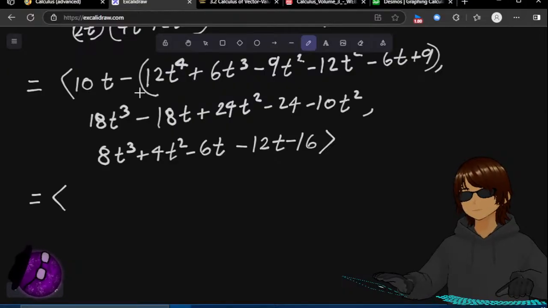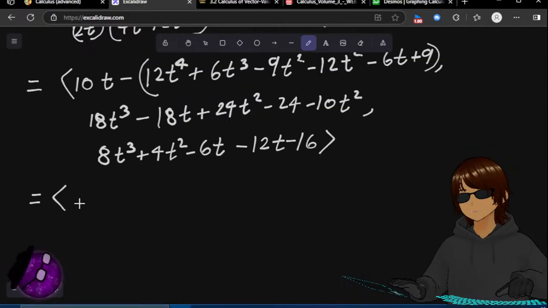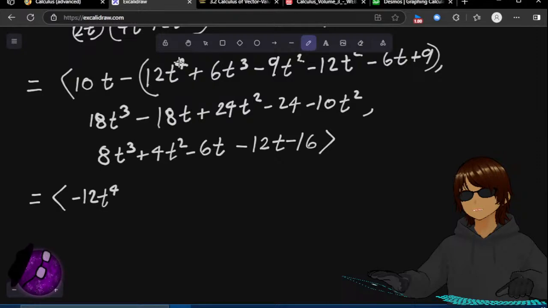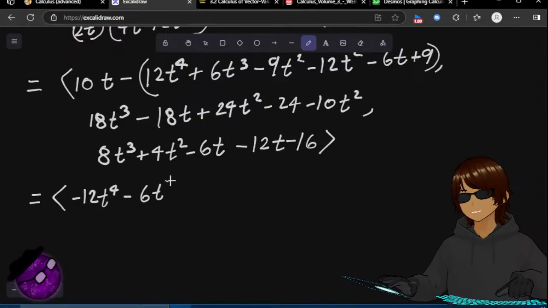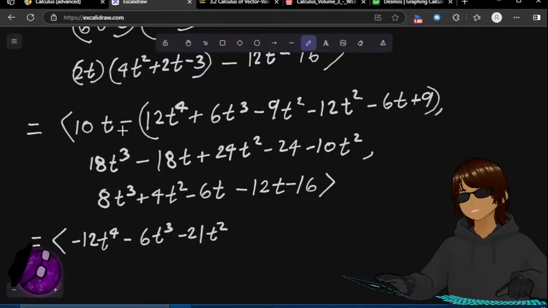Now for the first part, there's only one term with degree of 4. Then for the degree of 3, also one term, so minus 6 t cubed. As for square, you have 9 and 12, so minus 21 t square. But because there's a minus here, it becomes plus.